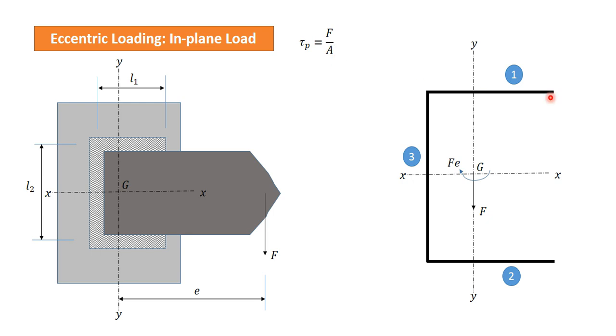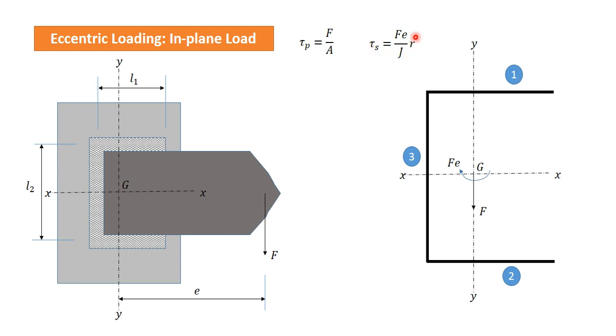Here A is the area of the total weld group or weld geometry, and this F into e is the moment acting in the plane of geometry, so it will induce a twisting moment, and the twisting moment will induce secondary shear stresses, which are like this.